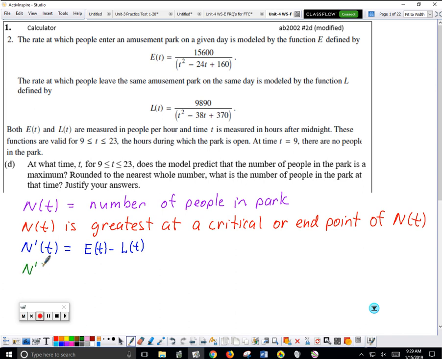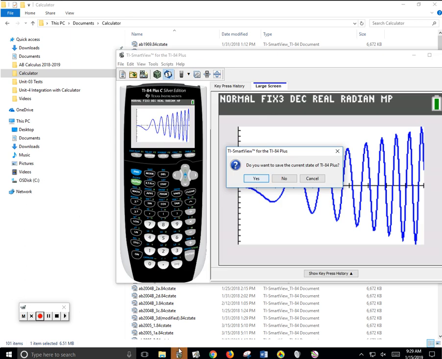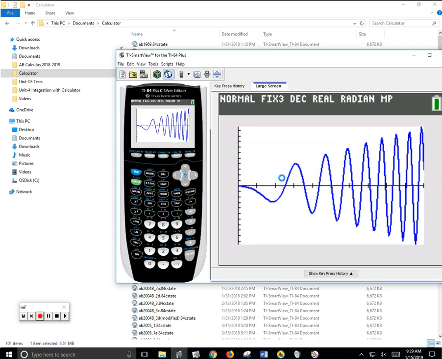So N prime of t is equal to 0 at t equals... So I get out my calculator and I load up this problem.